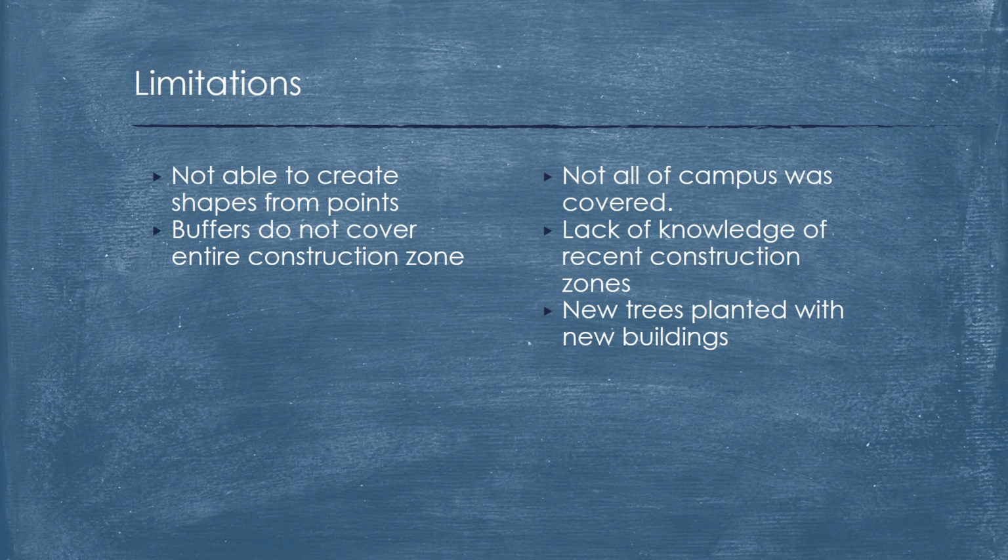We also weren't able to map all of campus, and there's a lack of knowledge of recent construction zones because most of us have only been here for 3 to 5 years, so anything beyond our time of being here, we have no recollection of when it was constructed or remodeled. And again, with the new buildings there are new trees being planted, so they have yet to be impacted by the construction.